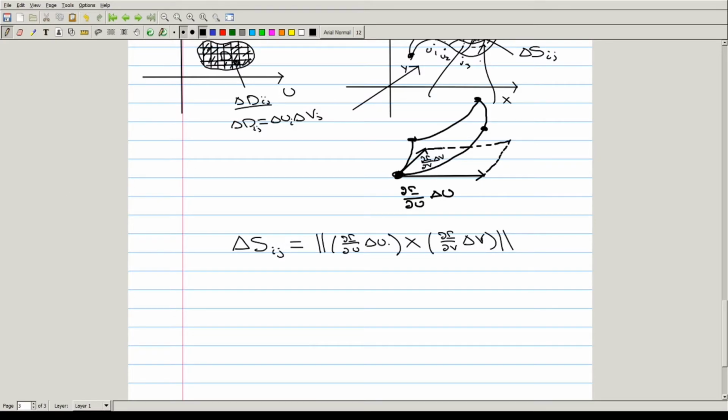Specifically, this is at delta ui and delta vj. Same thing here. This is at ij, the corner point ij, and this is at the corner point ij.